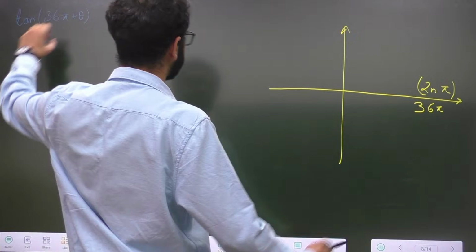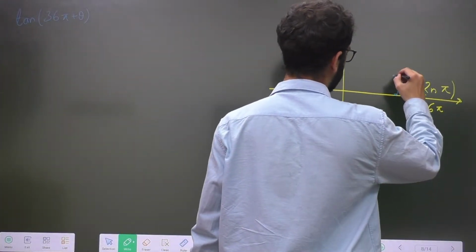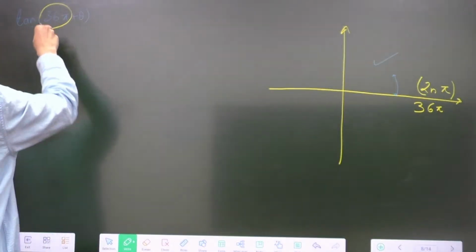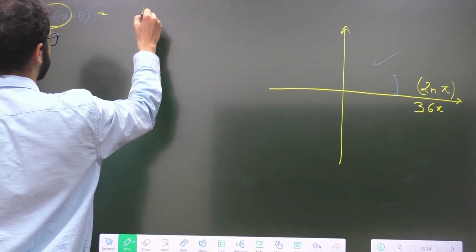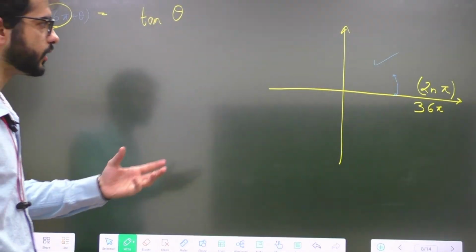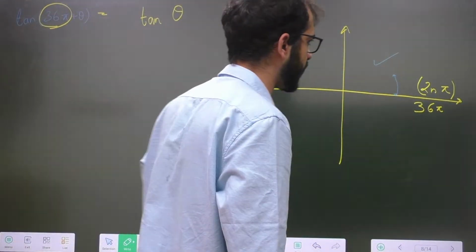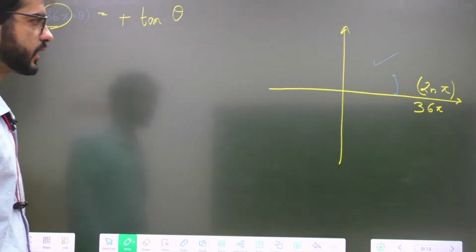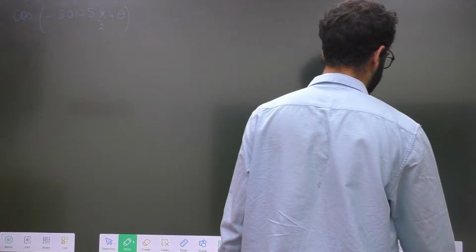Over here I am adding theta. If I am adding an acute angle, I'll enter into the first quadrant. Now, a multiple of pi, so tan will remain tan. I will write tan over here and theta over here. If I am in the first quadrant, what's the sign of tan? It's positive. So I'm going to put plus tan theta. I hope that's clear. Let's move forward to the next question.